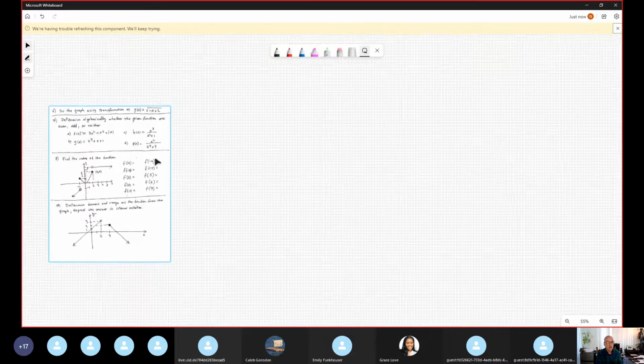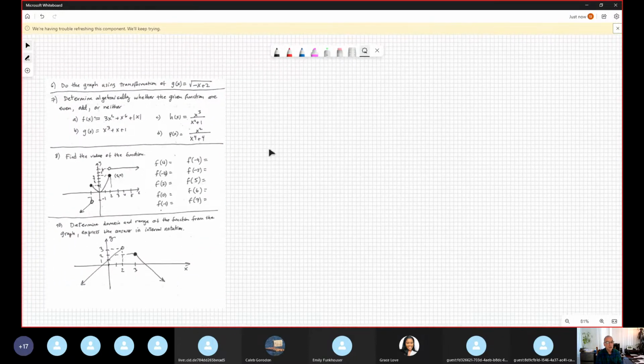The next question is about identification: determine algebraically whether the given functions are even, odd, or neither. Let me refresh your memory. An even function is a function that when you do this reflection, nothing happens, it stays the same.